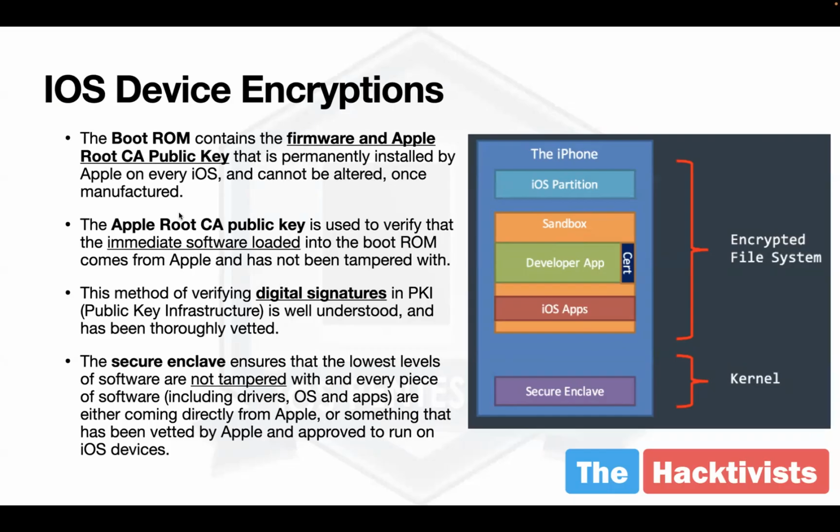In Android also there is a root CA certificate which is available. There will be a public key, and typically it will be available whenever the device is manufactured. Whenever a device is manufactured, they implement a specific unique key, which we can call the Apple root CA public key.